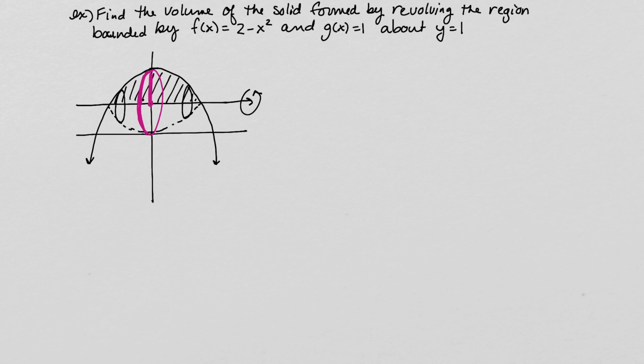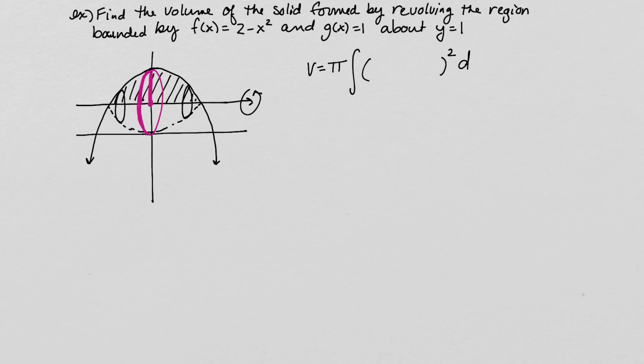And so again, this pink part here is my radius. Okay, so my volume is going to be pi times the integral, we'll figure out the limits in a couple minutes here, of some radius squared. And then d, so here's where I'm not rotating around the x or the y-axis.